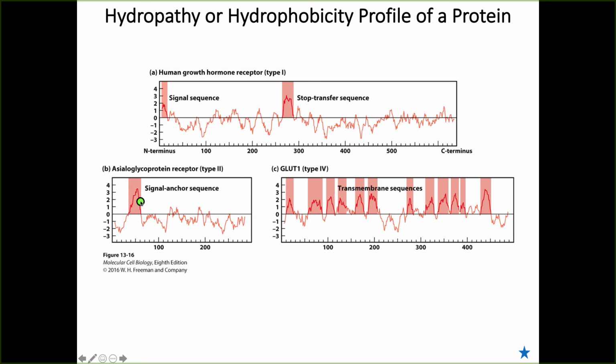A classic example is the signal anchor sequence, completely hydrophobic. This is GLUT1, with 12 transmembrane domains, and you can easily see from the hydropathy plot that all these are amino acid sequences that are membrane spanning and hydrophobic.